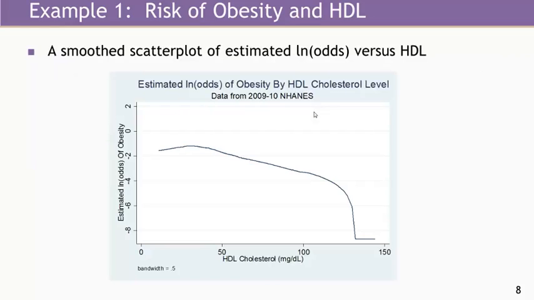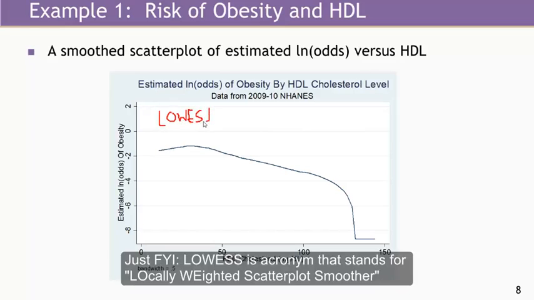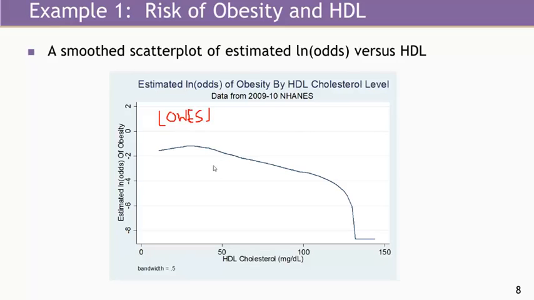There's no way to directly present this, but there's something that a computer can do to help aid us in this investigation. This is something called a LOWESS plot, which I think of as a smooth scatter plot, which tries to plot a visual of the observed log odds of the outcome, here obesity, as a function of HDL cholesterol level. For every value of HDL cholesterol level in our data set, it chooses a small window of values around that, and for all points in that window, it computes the proportion of persons who are obese.